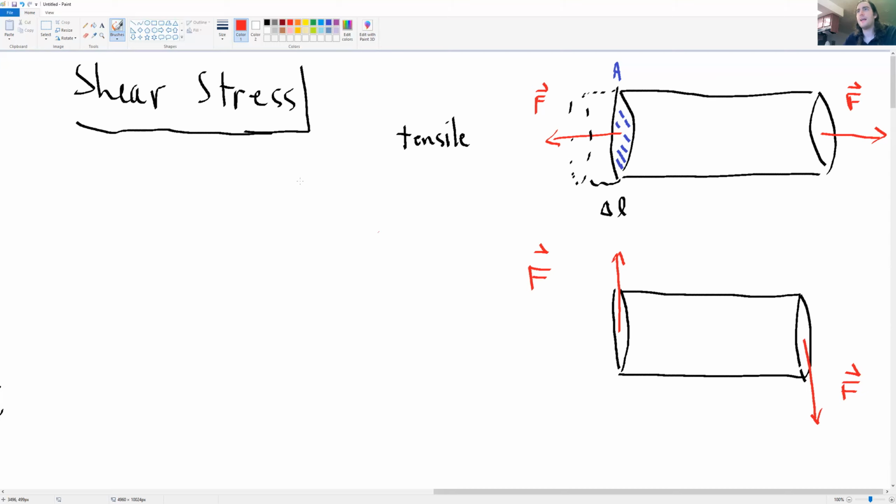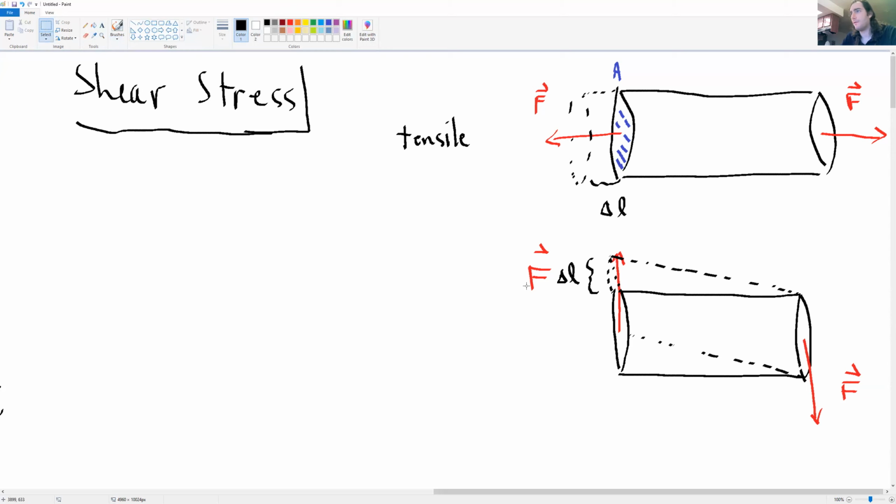Well, in this case, this thing is not necessarily going to elongate, but it's going to kind of tilt on its side, right? It's going to do something like this. It's kind of going to elongate in the perpendicular direction. It's a little bit hard to describe in words, but we can still measure an amount of elongation here, delta L.